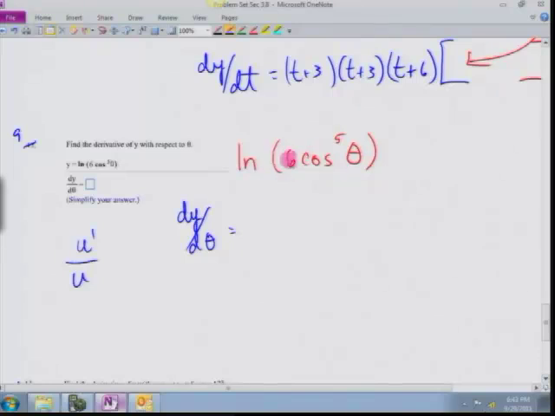What is the derivative of this thing? Well, 30 sine, negative sine, right? So negative 30, no, you don't put the sign there. What am I doing? We're not there yet. 30 cosine.